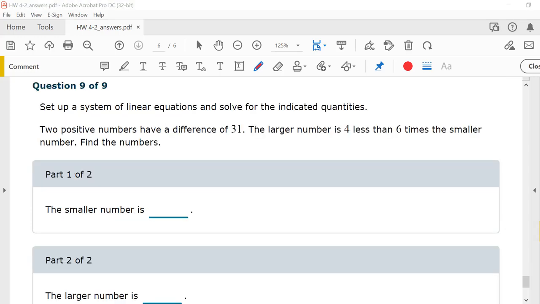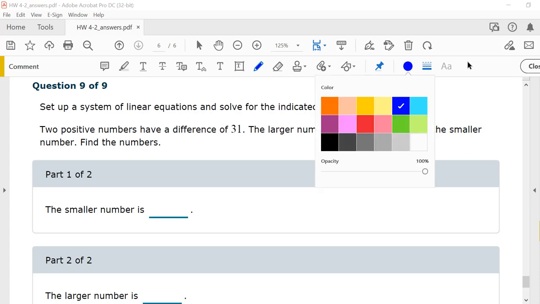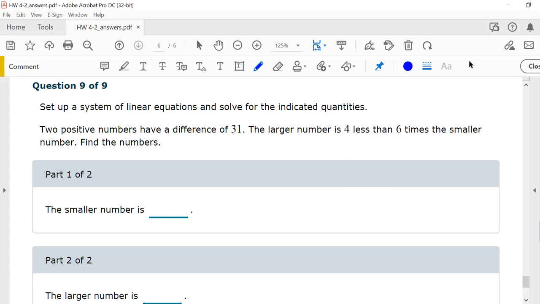Last question, number 9. Set up a system of linear equations and solve for the indicated quantities. Two positive numbers have a difference of 31. The larger number is 4 less than 6 times the smaller number. Find the numbers. Okay, to start with, you have two numbers, x and y.